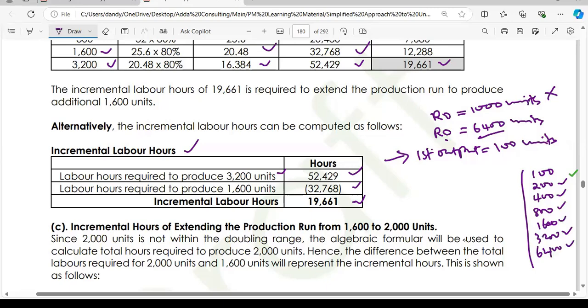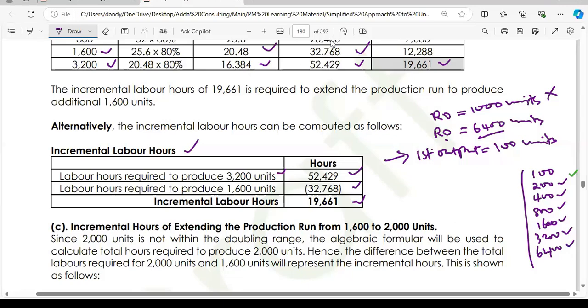Which means that these 100 units, I can double it to 6,400. So the 6,400 is within the doubling range. Jennifer, is it clear now? Yes, it is. Thank you. All right, then. You're welcome.